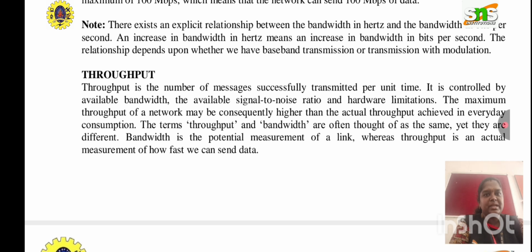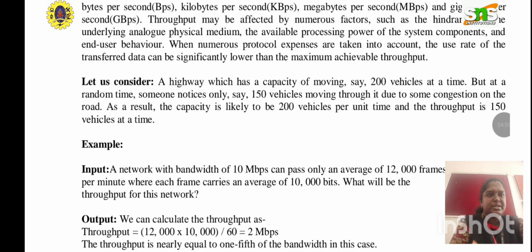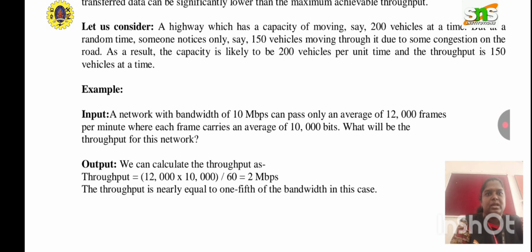It is controlled by bandwidth, signal-to-noise ratio, and hardware limitations, and is consequently lower than the bandwidth in everyday use. Consider a road with a capacity of 200 vehicles at a time, but sometimes only 150 vehicles move through because of congestion. The capacity is 200 vehicles per unit time and the throughput is 150 vehicles at a time.